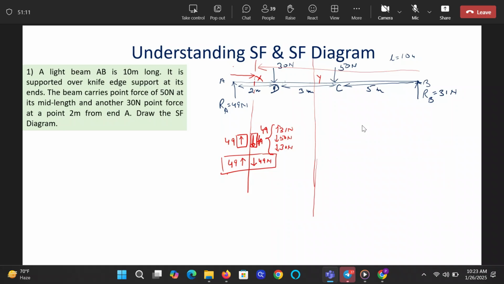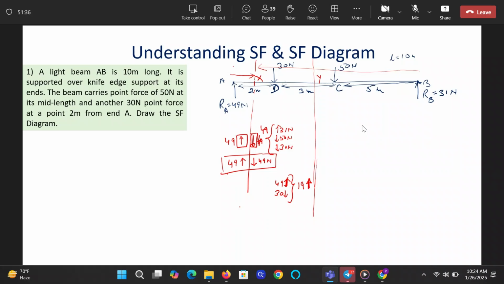Okay. Now, we will do a similar exercise at point Y. What are the forces to the left of Y? We have 49 newtons upwards and 30 newtons downwards. My mistake, I stand corrected. So what is the resultant of forces to the left of Y, guys? It's 19 newtons upwards, correct?